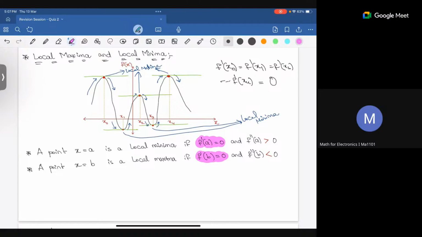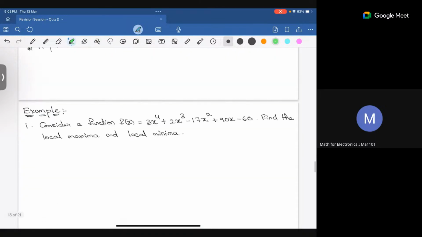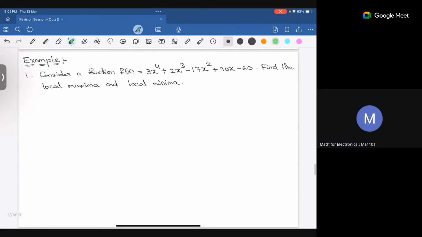Among these special points, which are local maxima and which are local minima will be decided by the second condition, which is checking the double derivative. If your double derivative value at that point is greater than 0, it will be local minima. If it is less than 0, it will be local maxima. So we'll solve a problem and then we will get a complete understanding.